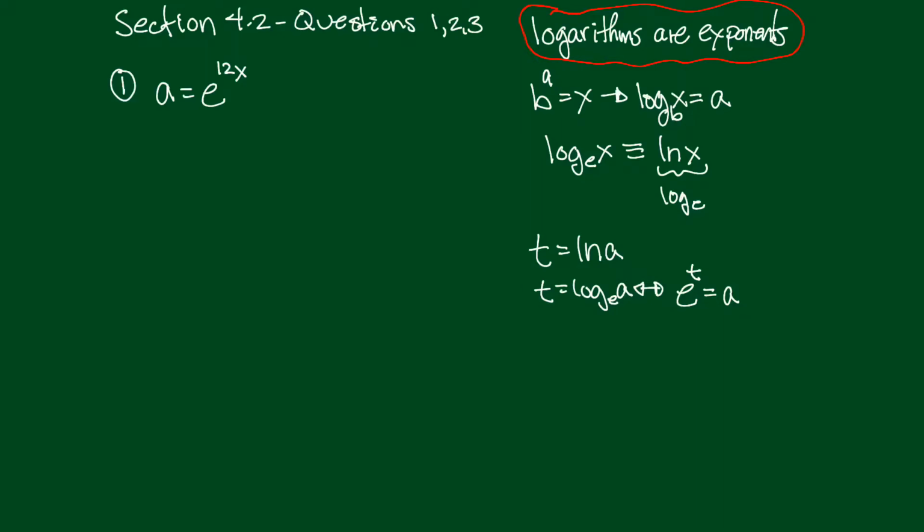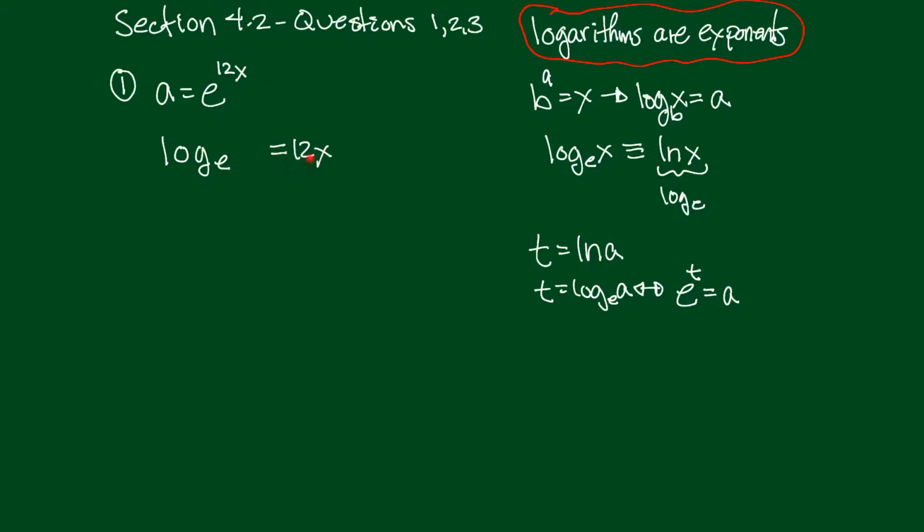Now, number one, I'm going to convert this exponential form to a logarithmic form, and I know logarithms are exponents. So 12x is the exponent. So the logarithm, base e, is 12x. So far I've got this: the logarithm, base e, of something is 12x.